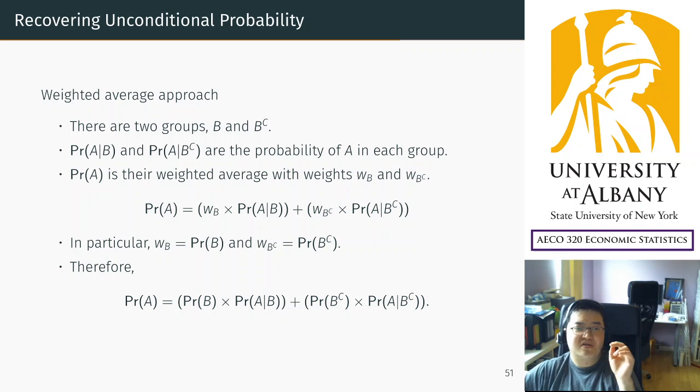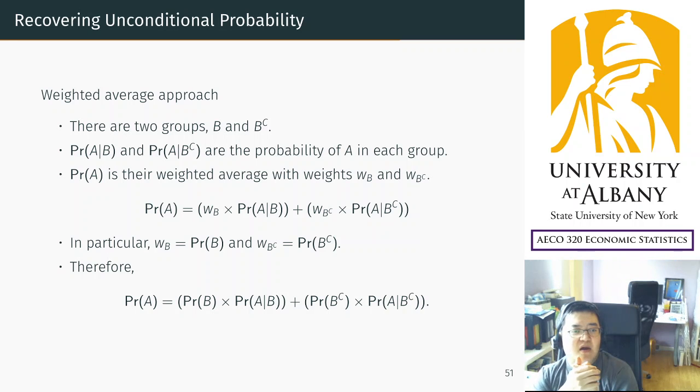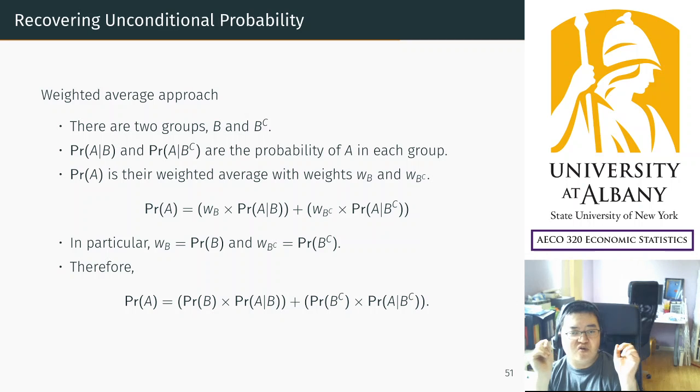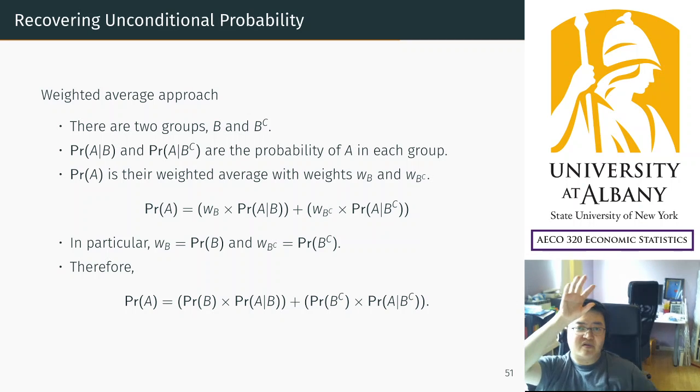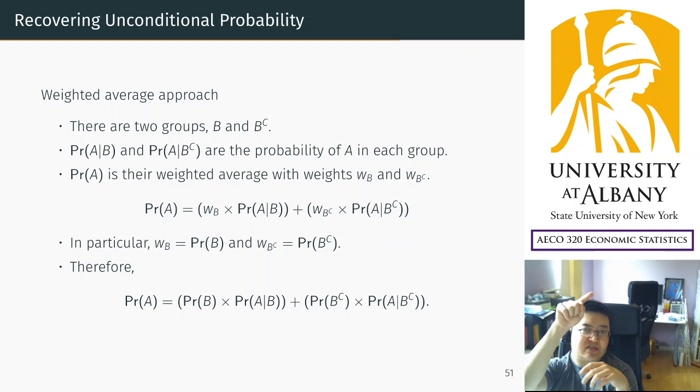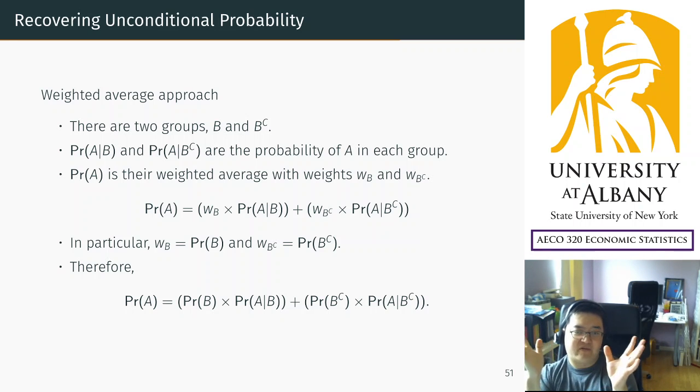So think about two groups, and we would like to calculate the overall defect rate. But what we know is the defect rate for each group, and then you can easily think that the overall defect rate is a weighted average of these two within-group defect rates, right?